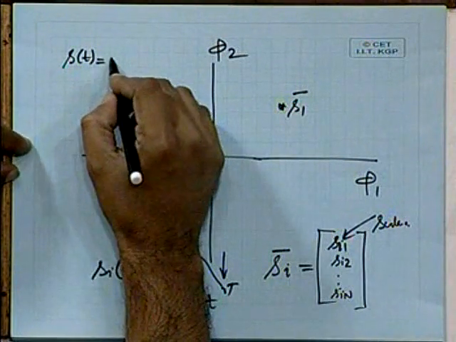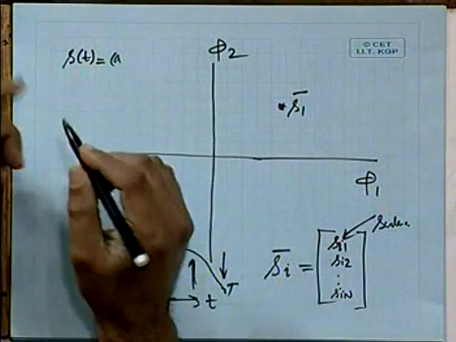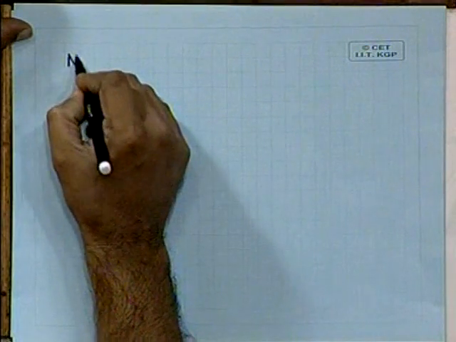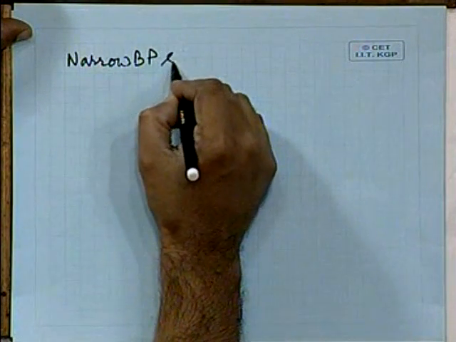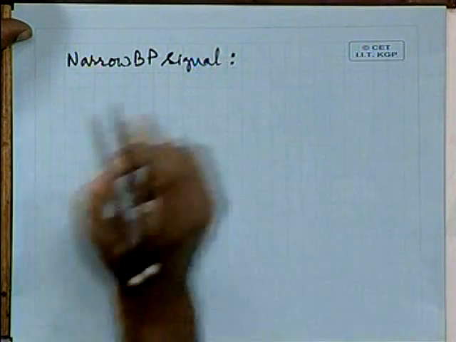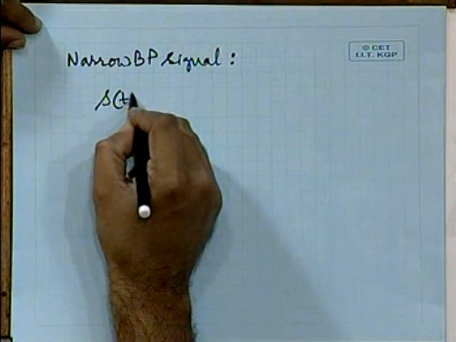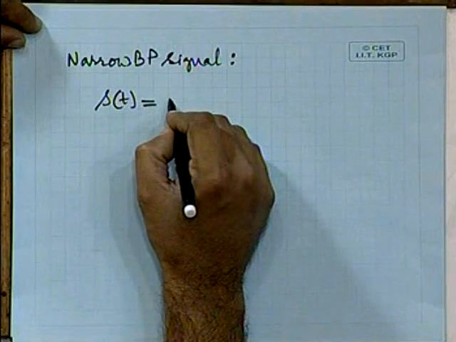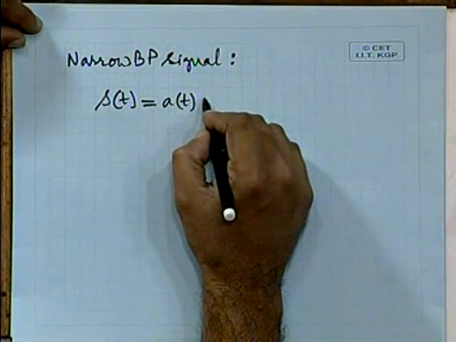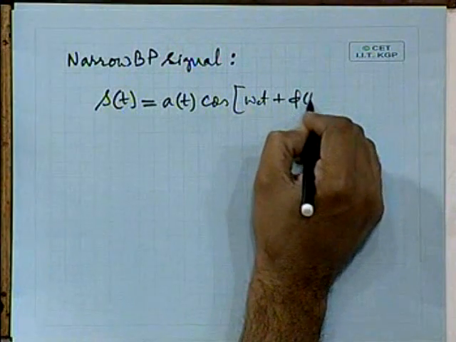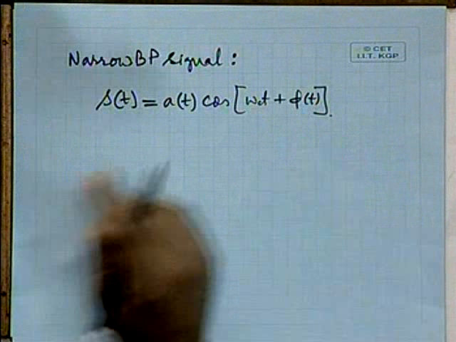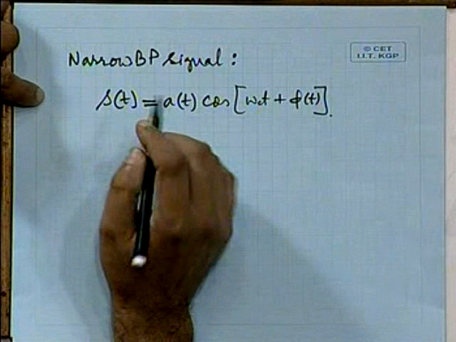So a real signal s of t, which in a general form we represented earlier as A(t) cos(omega c t plus phi(t)), is a real signal whose bandwidth is small.